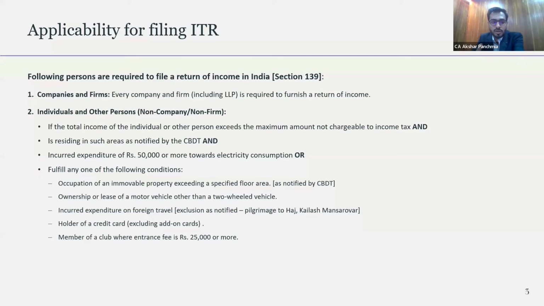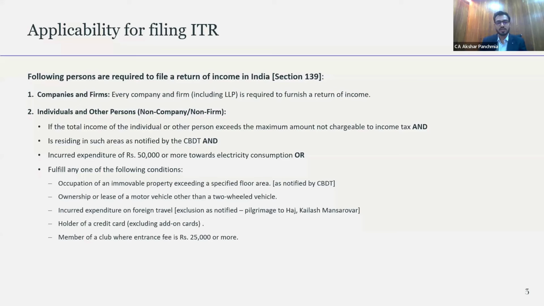Any person who does not fall in this clause but is staying in a particular area specified by the CBDT and is also spending more than 50,000 towards electricity, or any one of the following, being that is staying in a house which is bigger than what CBDT has notified, I'll come back to that notification, or has a car, whether owned or on lease, or is spending on foreign travel, or holds a credit card, or is a member of a club.